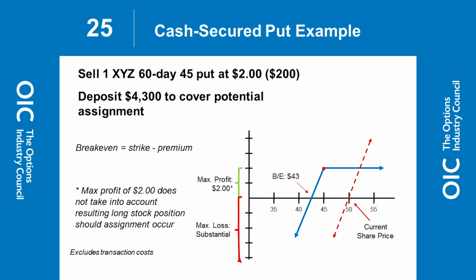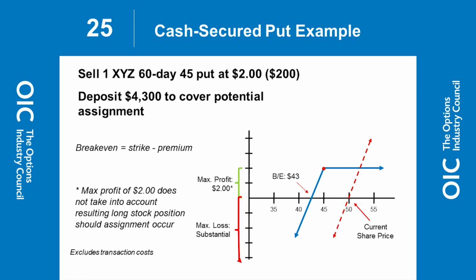So here's the key. We're buying shares for the equivalent of $45, but we're getting paid $2 to do so. So in effect, we're really buying these shares for $43 a share. That's where we get that break-even from. The most we can make is $2, but that's not taking into account the long stock position.